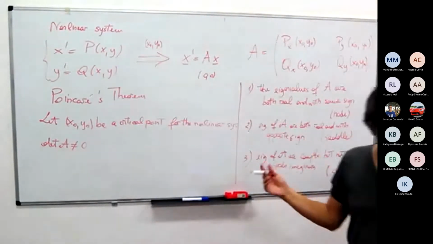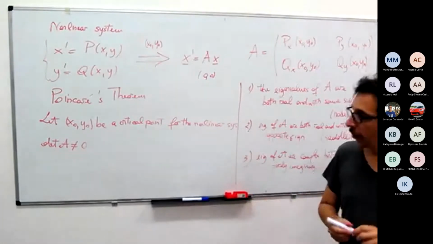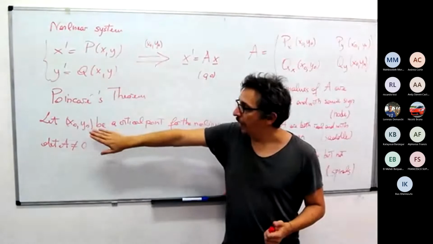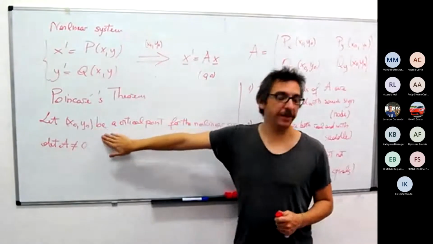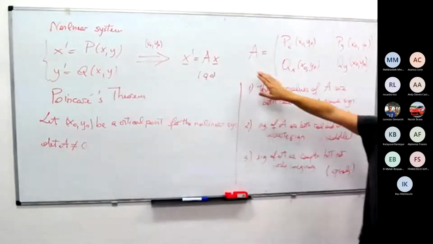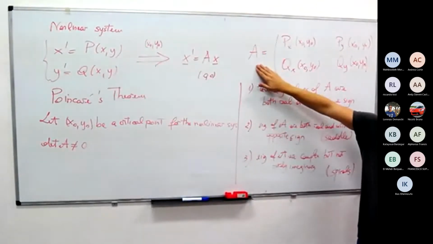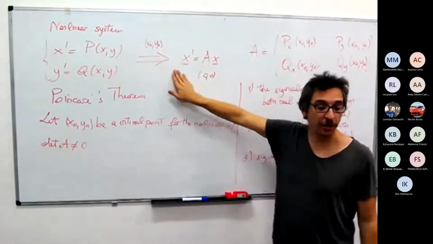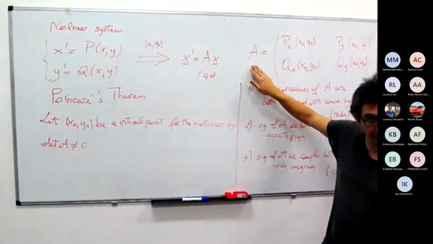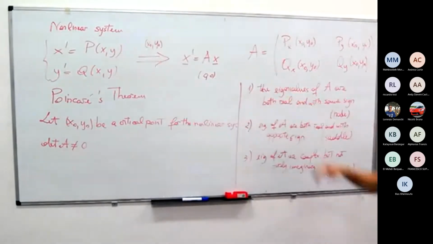So, resuming, summary: Poincaré's theorem tells me that if x naught y naught is a critical point for the nonlinear system, and if the Jacobian of the linearization is non-singular, so if the determinant of A is different from 0, this means that A is non-singular, then a node for the linear system corresponds to a node for the nonlinear system.